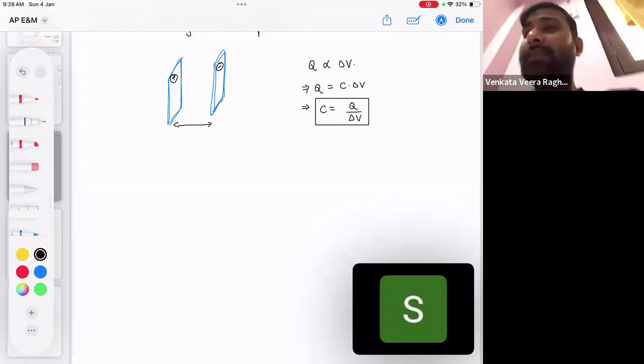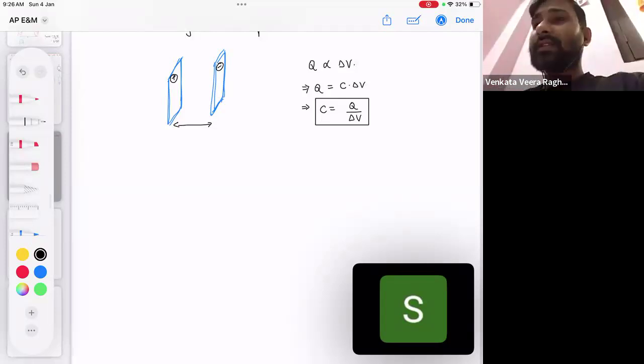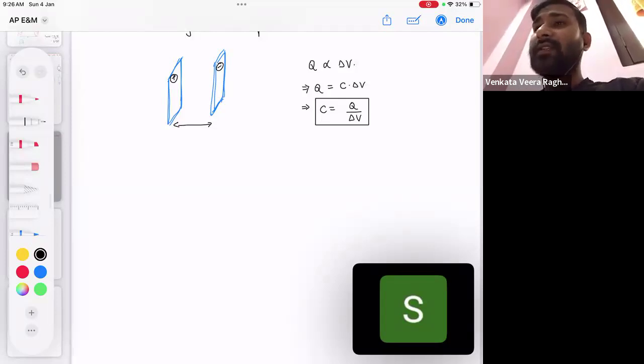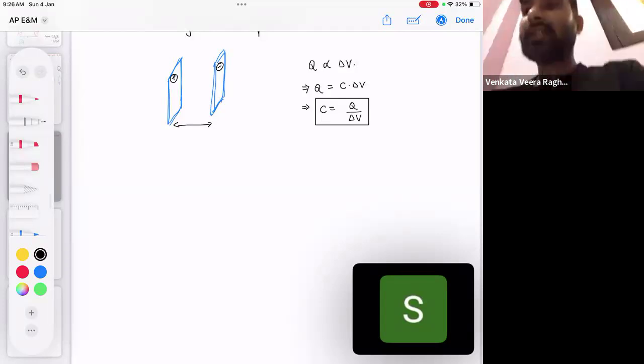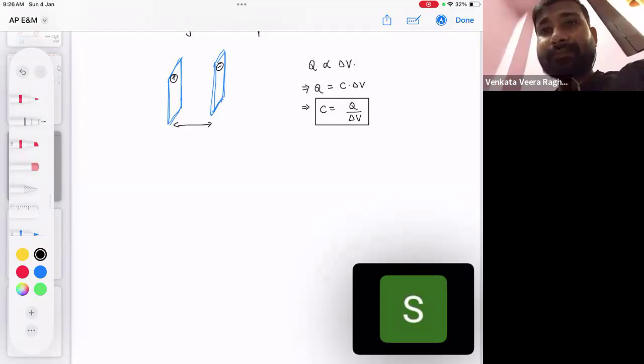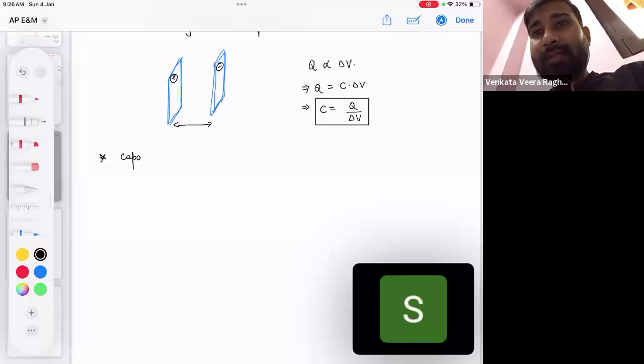The charge and potential difference are related with each other. Here the charge is changed, and the potential difference is also simultaneously changed. So on what factors does the capacitance depend? Capacitance depends on shape and size.